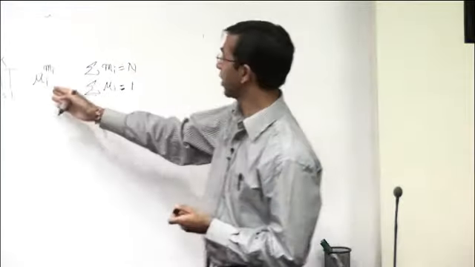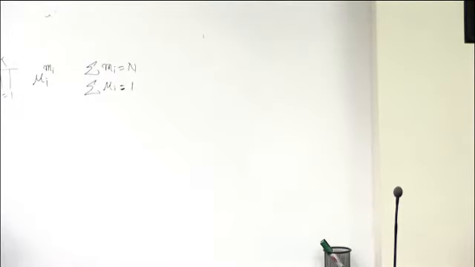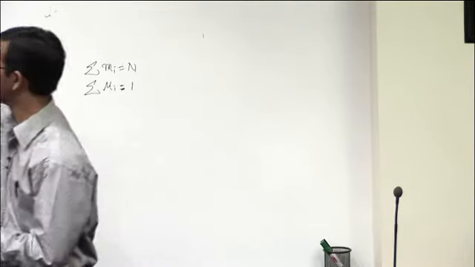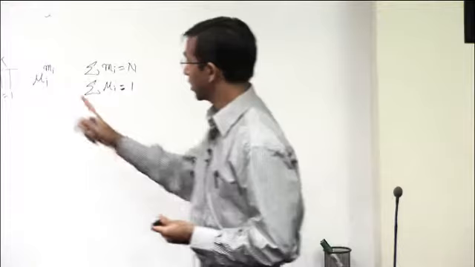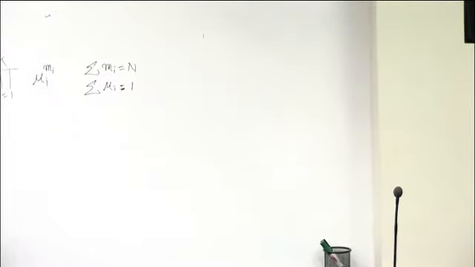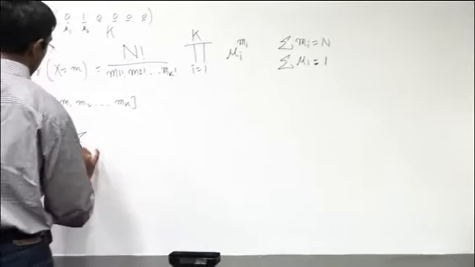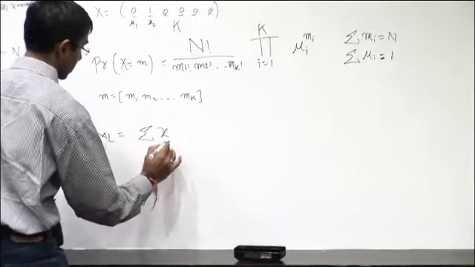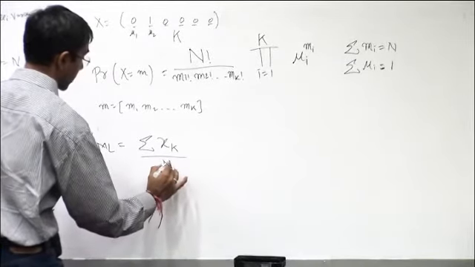So you can see that for binomial, basically you'll have two terms. One is mu to the power m, and the second term will be, so mu2 will be 1 minus mu, and similarly m2 will be n minus m. All right. So the interesting thing is that if you do your maximum likelihood estimate over this distribution, we can show it to be summation xk by n.